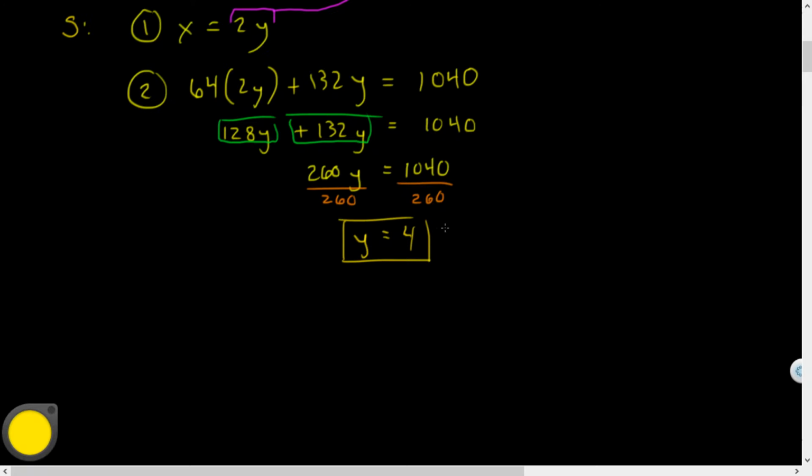What does that mean in terms of our problem? Y equals 4. What was y measuring? What was our variable? You guys have it written down.